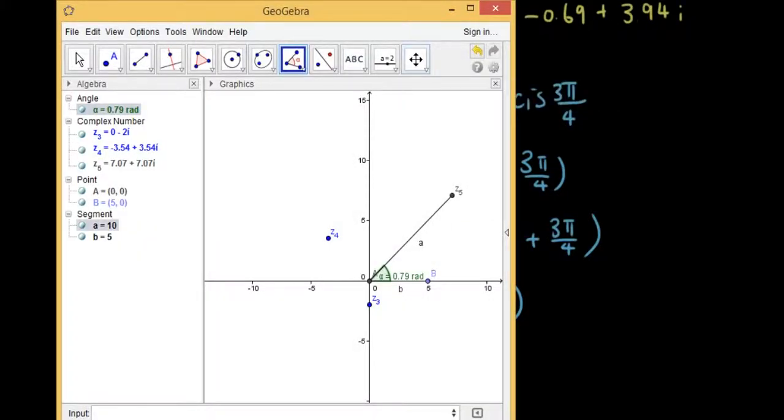So this is the result after entering it into GeoGebra. Z3 is sitting at 0 minus 2i.